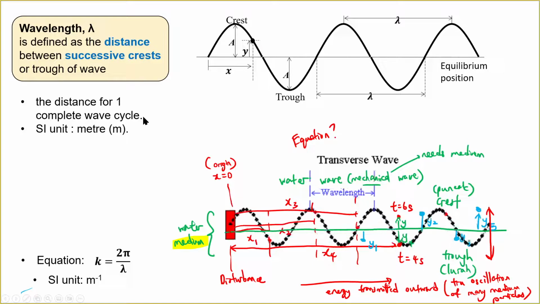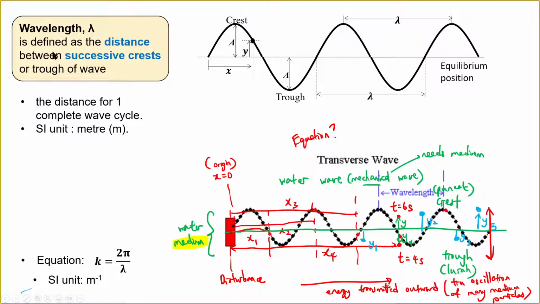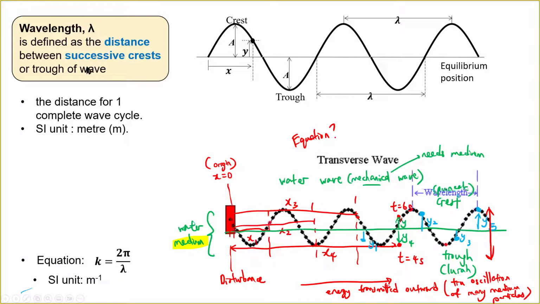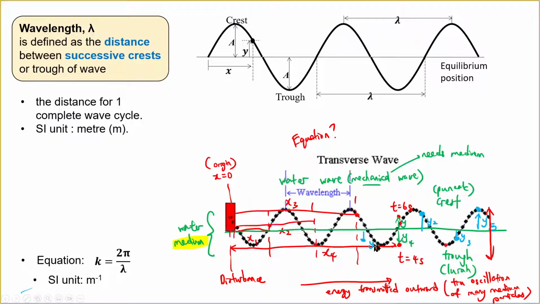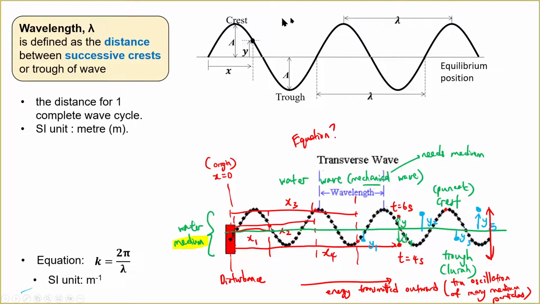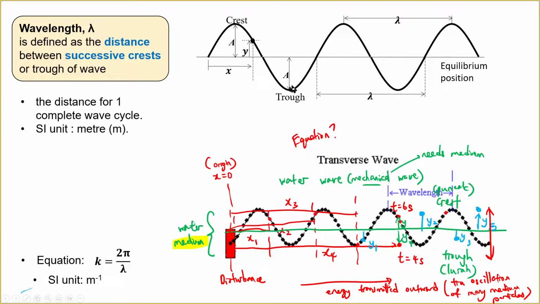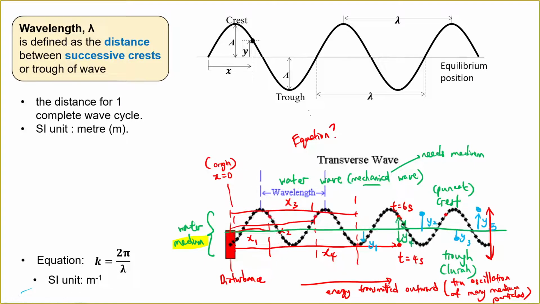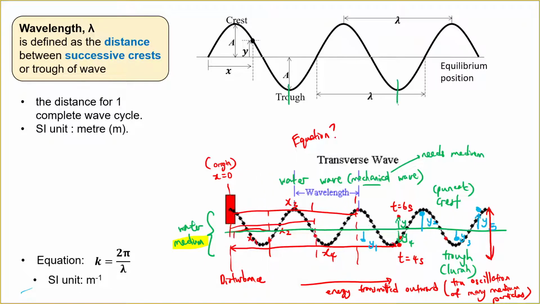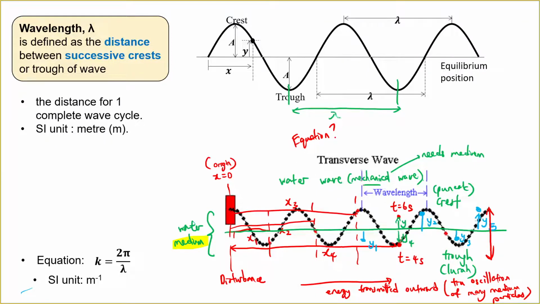Okay, all right. And then, what is wavelength? Wavelength is defined as the distance between crests, or the distance between troughs. From crest to crest or trough to trough is one wavelength. From here to here is called one wavelength. From trough to trough is also one wavelength, from here to here is also counted as one wavelength.